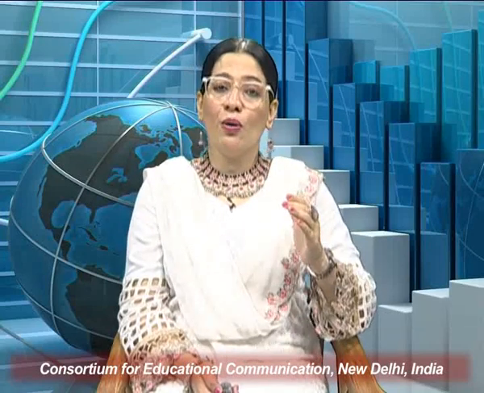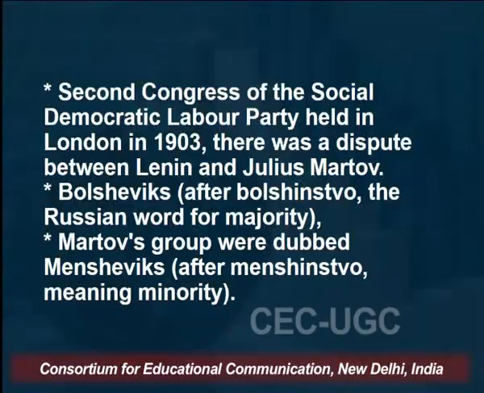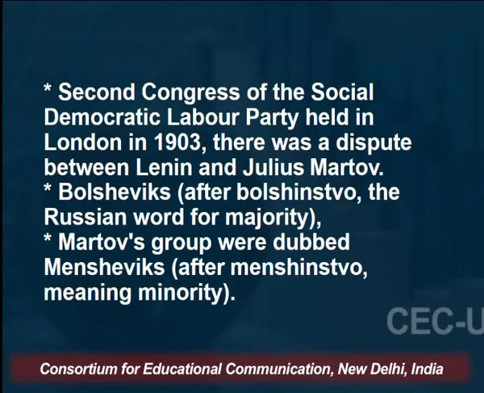How? Let's ask that. Bolsheviks were radical revolutionaries. Mensheviks were more moderate. The Second Congress of the Social Democratic Labour Party was held in London in 1903.